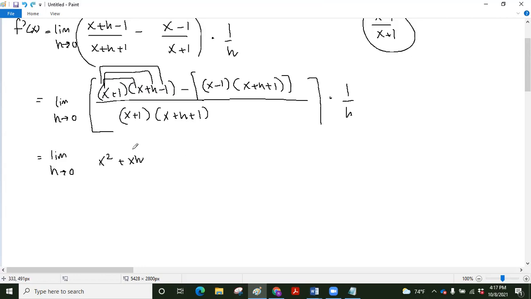Well, let's see. x squared plus hx, x squared plus hx minus x plus x plus h minus 1 minus, oh, and then we have to, you know what, I'm kind of messing this up here.